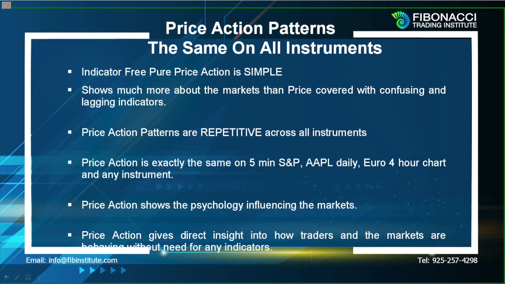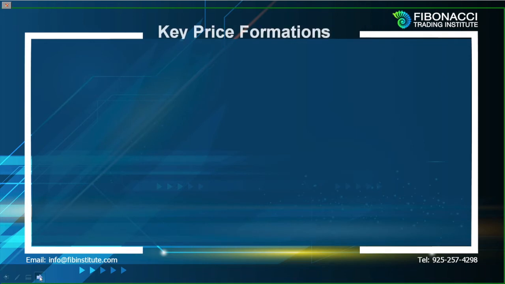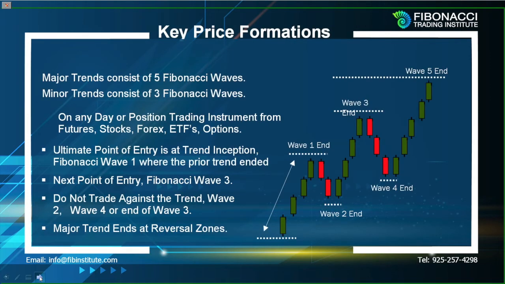Only price. Nothing else matters. It shows you strength, it shows you weakness. And if you know institutional support, if you know institutional resistance, and if you trade with ultimate accuracy, what else do you need? Because this keeps price formations forming time and time again, no matter what you trade.